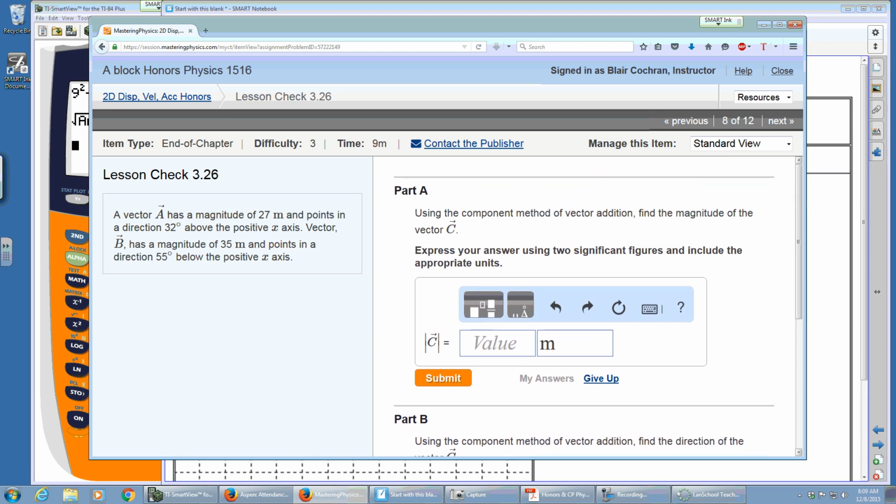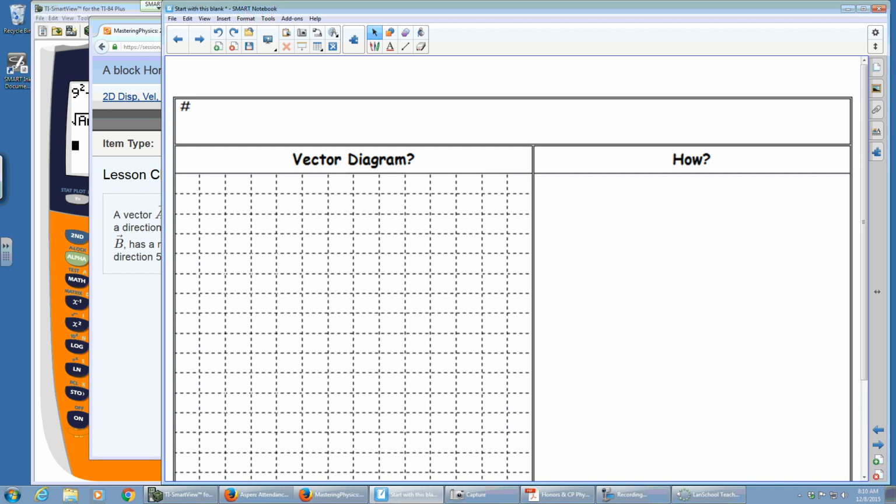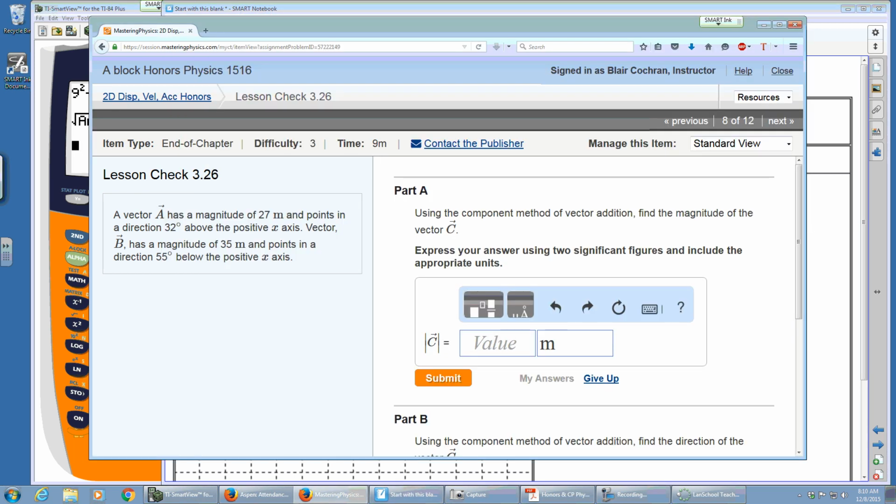All right. So let's draw these. And so we're going to use our vector sheet again. And 3.26. 27 meters and points in the direction 32 above the positive x.